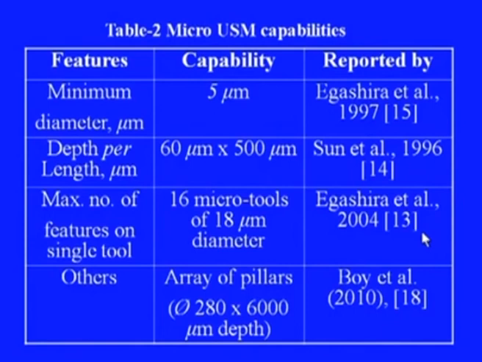He used 16 micro tools of 18 micrometer diameter in a single go, and then Boy et al. have reported an array of pillars with diameter 280 micrometer into 6000 micrometer depth, that is, up to 6 millimeter depth he could achieve.